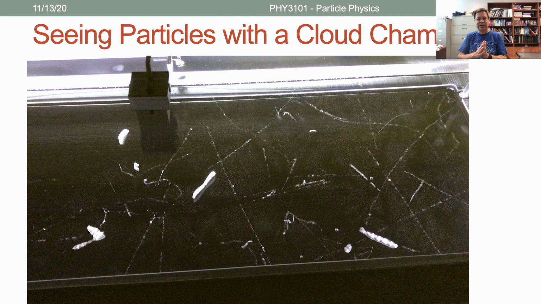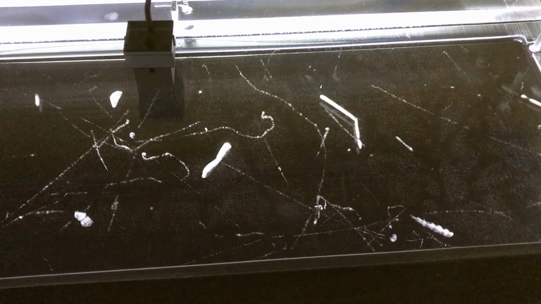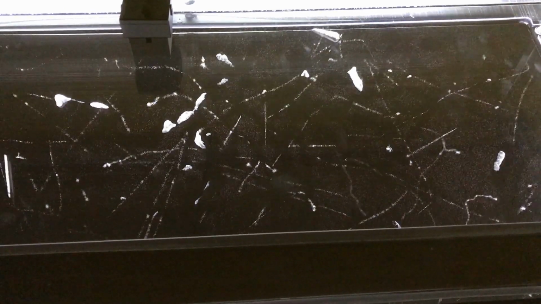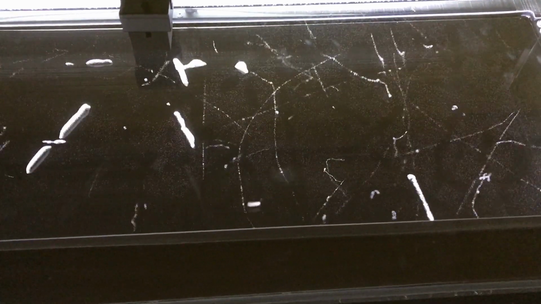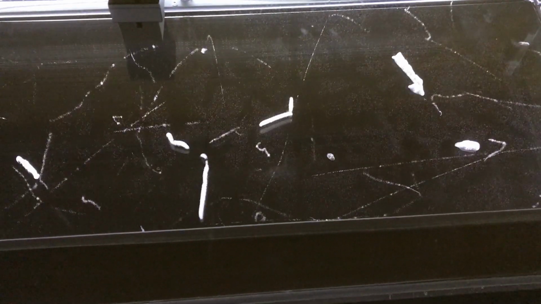And if you have ionization, it will cause droplets to condense in that vapor. If I click on this to get it started, what you see here are the trajectories of real particles. These lines, some thick, some narrow, are the ionization trails through this vapor, this cloud chamber. The thick ones are alpha particles, and the skinny ones are actually electrons and some muons.